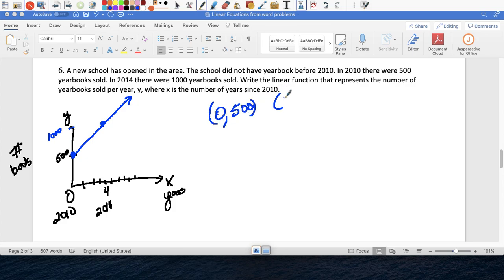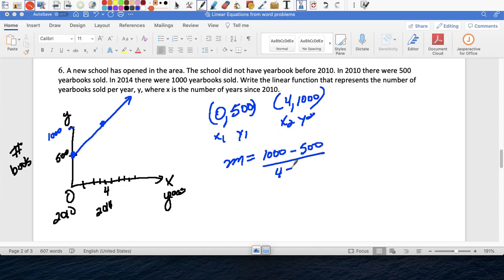And the other point is 4, 1,000. x2, y2, x1, y1. So the slope is going to be 1,000 minus 500 over 4 minus 0. You're going to get 500 over 4. And we're going to get 125. So every year the library is gaining 125 books.